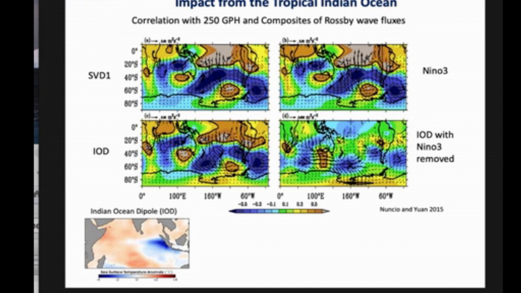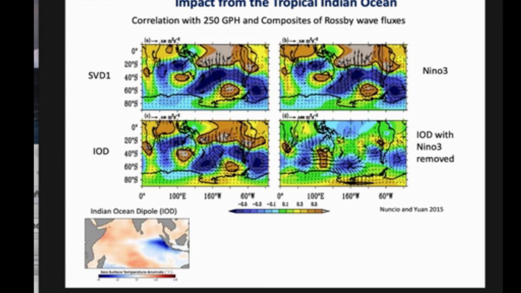SVD1 pulled off the largest CS responding to the largest tropical SST response. And they are very similar to the Nino 3. This is a regression to the Nino 3. These two patterns are very similar, and also this one, the Indian dipole. These 3 are very similar because the Indian dipole co-varies with Nino in the tropical Pacific.